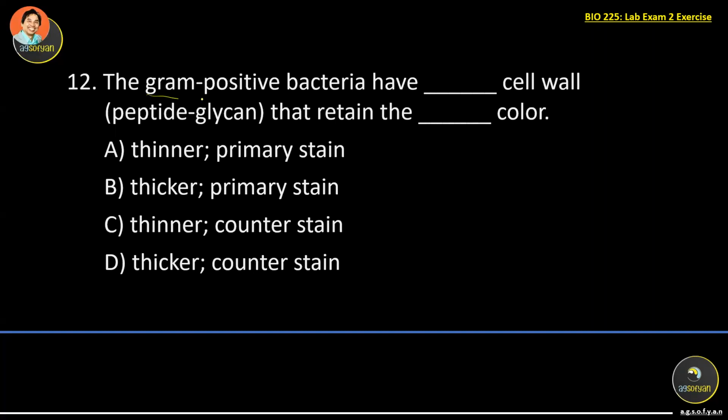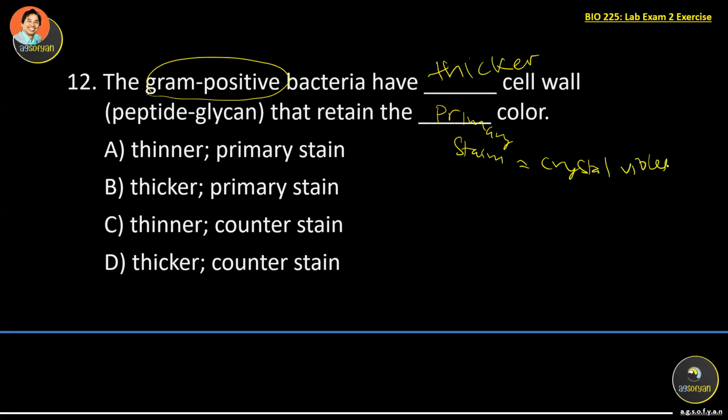Yes, gram-positive bacteria have thicker cell wall. And this thicker cell wall or the peptidoglycan will retain the primary stain. Okay, primary stain, which is crystal violet, which is purple color.